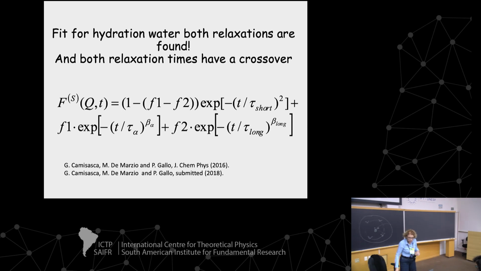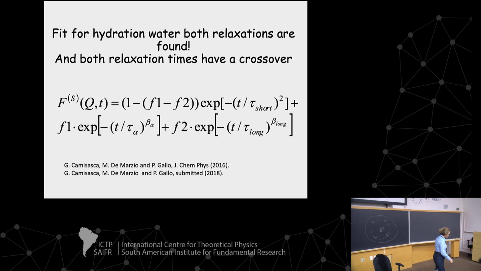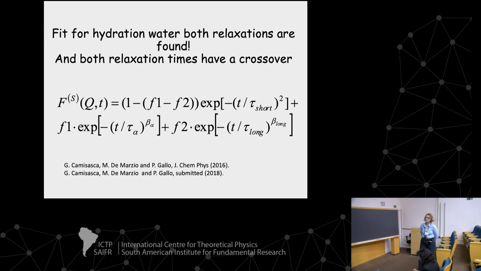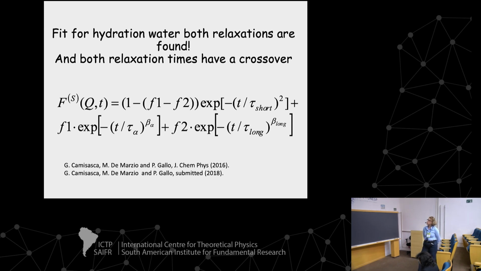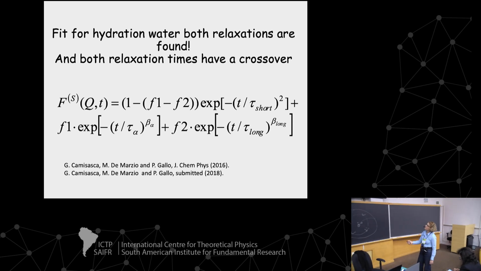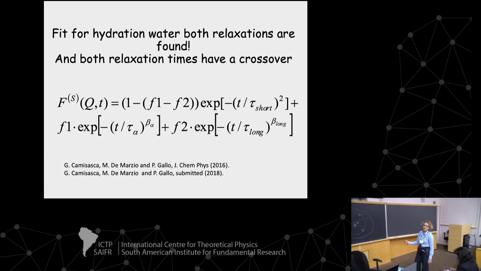Okay, so we had to fit the stretched exponential with two slow relaxations. You see, we have the fast ballistic part that is always there. So it's the first term. Then we have a second term, which is the typical alpha relaxation that we have been studying in liquids.